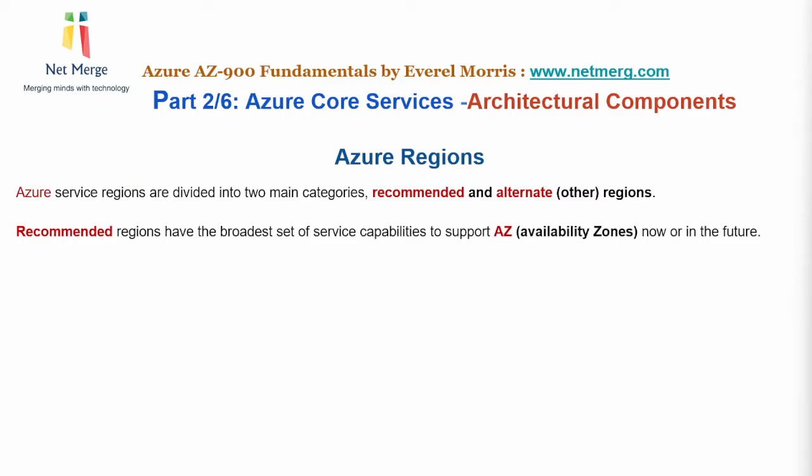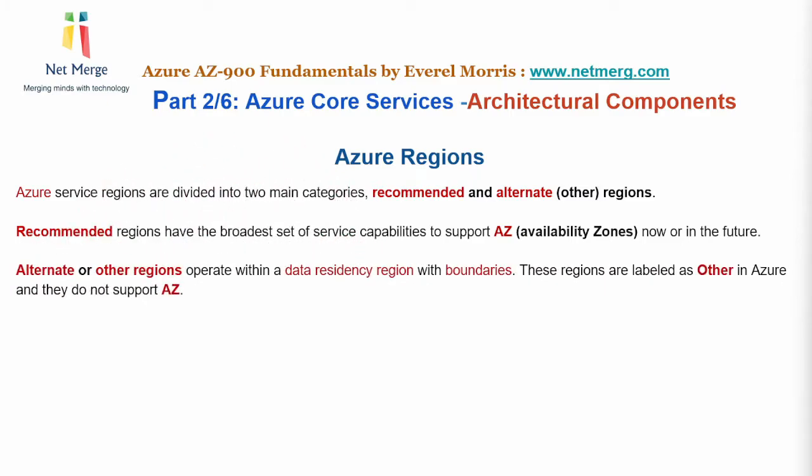Now, the recommended regions have the broadest set of service capabilities in Azure, and they support availability zones now or in the future. Now, an alternate or other region operates with data residency region boundaries. These regions are labeled as other in Azure, and they do not support availability zones.